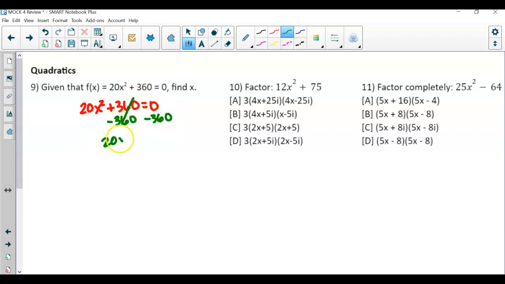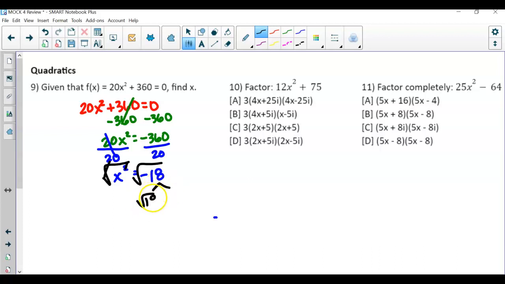Now I've got 20x squared is equal to negative 360. Still can't take the square root yet because x is being multiplied by 20. So now divide by 20. Now I've got x squared is equal to negative 18. Now I can take the square root. So when I take the square root here, well, I notice right off the bat that I'm going to have I in my answer.